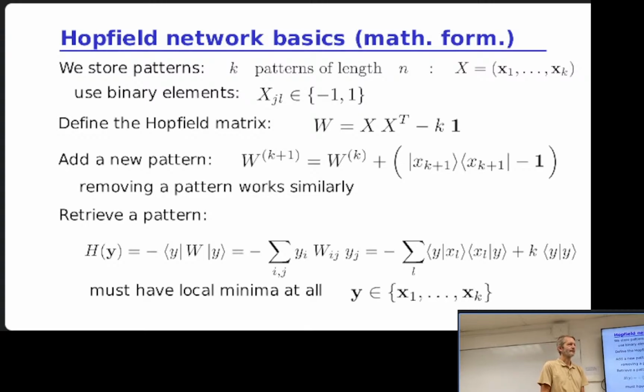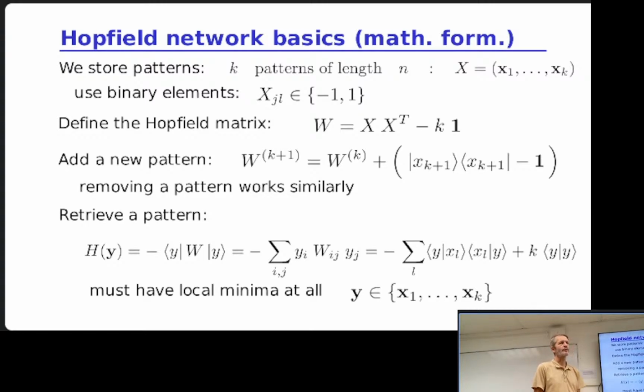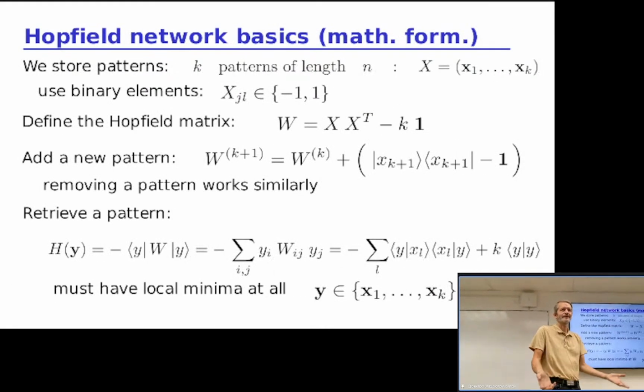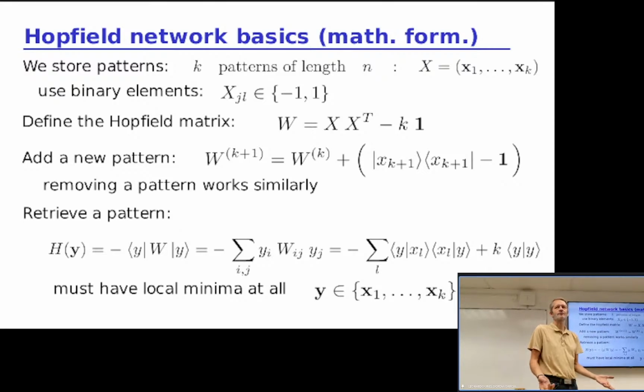Of course, now the question is how you can retrieve patterns, how you can store more patterns, how you can remove patterns, the usual questions for an information storage device.